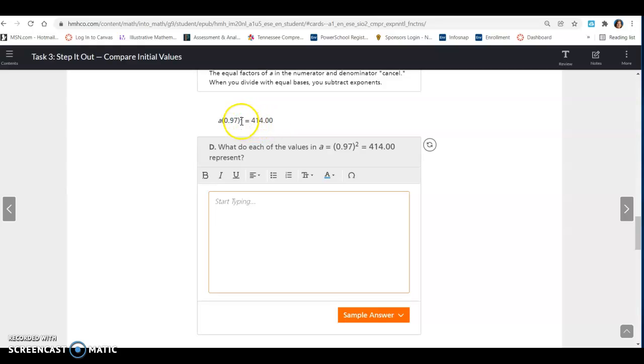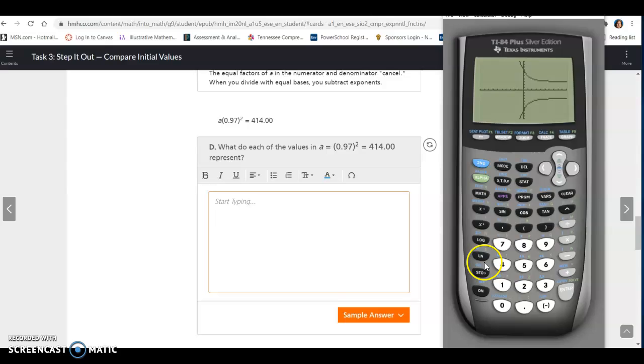That's the 2 months equals 414, which comes from the table. Given this information, now we can solve for a. Go ahead and square 0.97, and 0.97 squared equals about 0.94.